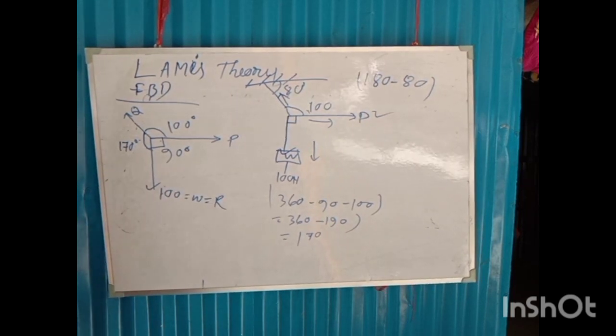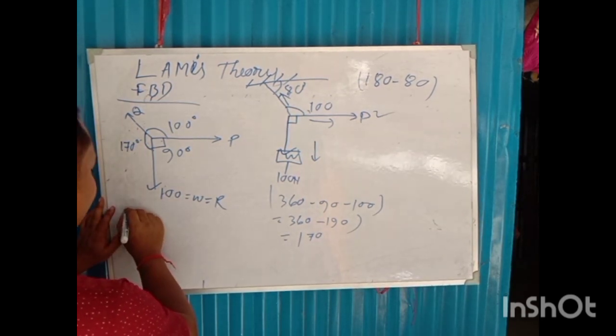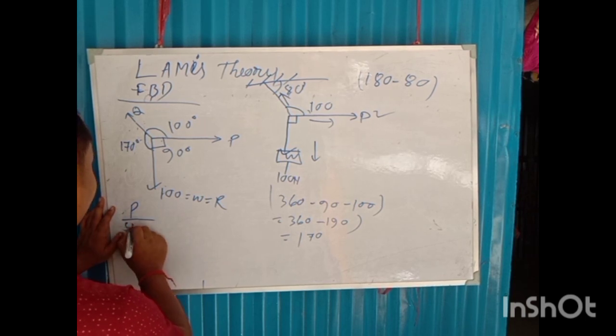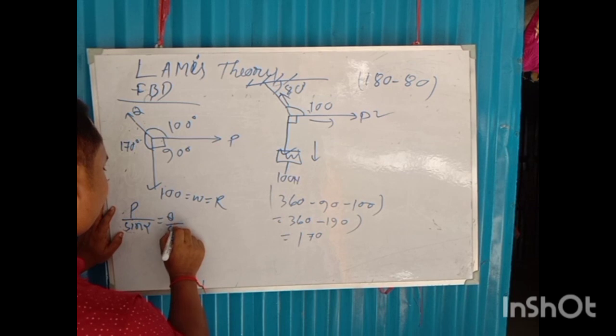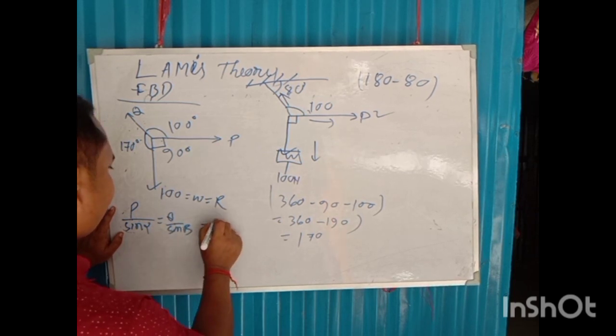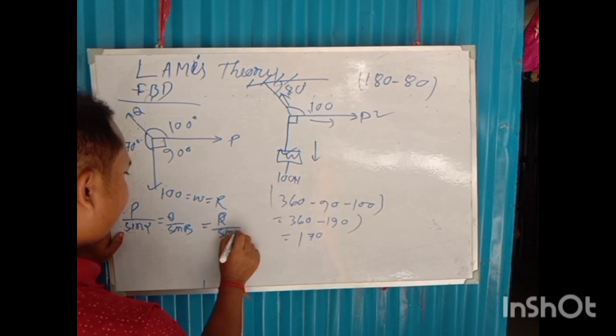What is the value of P? So what is the Lami's theorem formula? P by sine alpha equals Q by sine beta equals R by sine gamma.